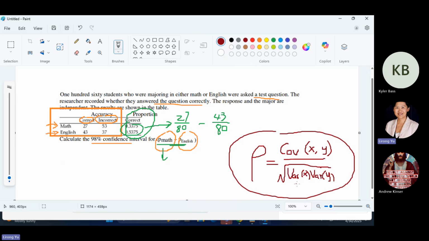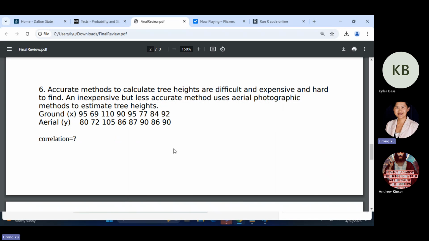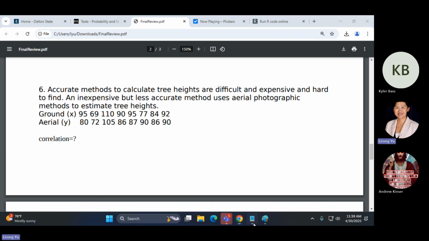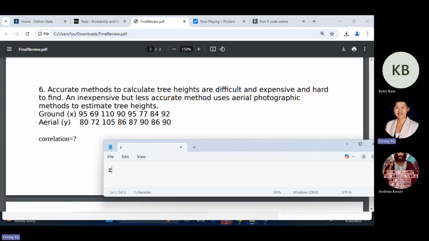It's not that difficult either, but we are calculating it with assistance from the computer. You will enter all your numbers for X, and then enter the data for Y. Then the calculation will be cor(X, Y). That's how we calculate correlation in R.